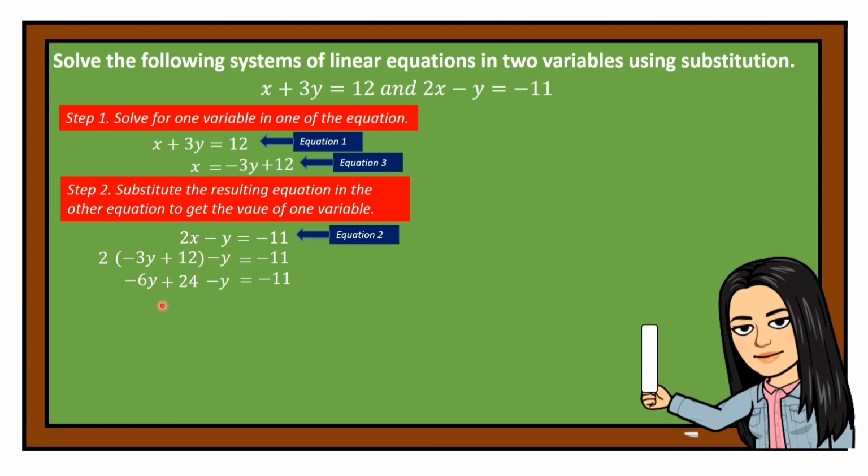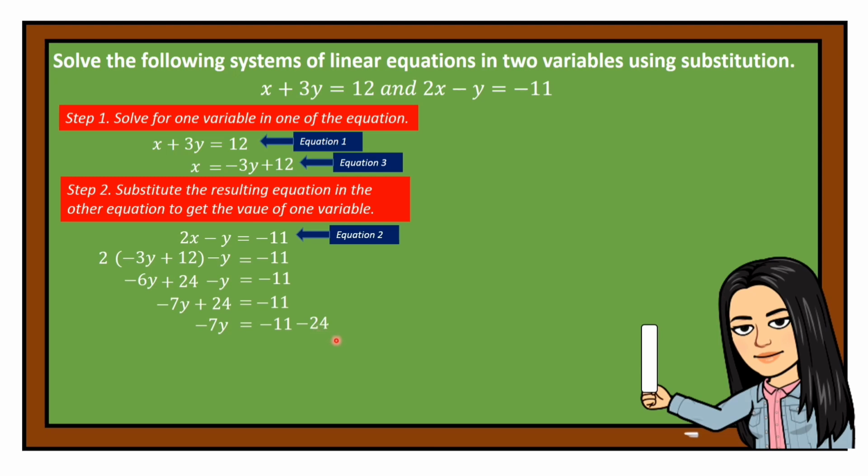Next, let us combine similar terms. Negative 6y minus y is negative 7y, plus 24 equals negative 11. We leave the variable y on the left side. We have negative 7y equals, bring down negative 11, and transpose 24, so minus 24.